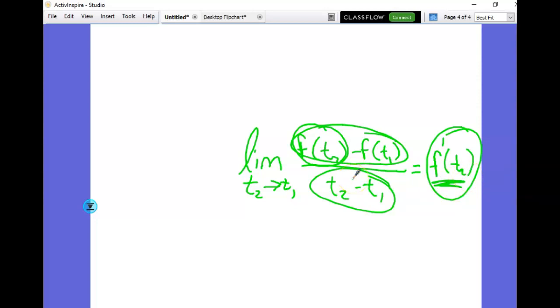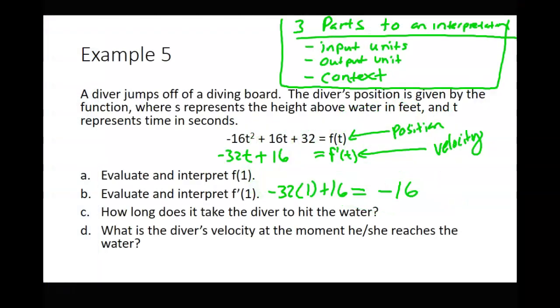And so the units for the derivative are the same as they are for the average rate. So what are the units of this negative 16? Well, the units of f are feet over the units of t, which is seconds. So this diver's velocity is negative 16 feet per second when t equals 1.